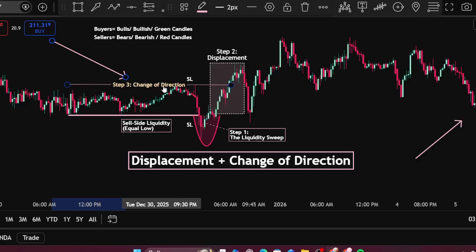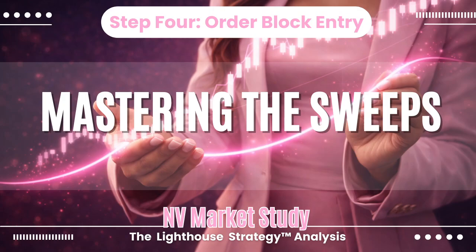This extra confirmation, which is step number 3. Okay, and let's get into our next and final. Step 4 and the final step is the return to the order block.